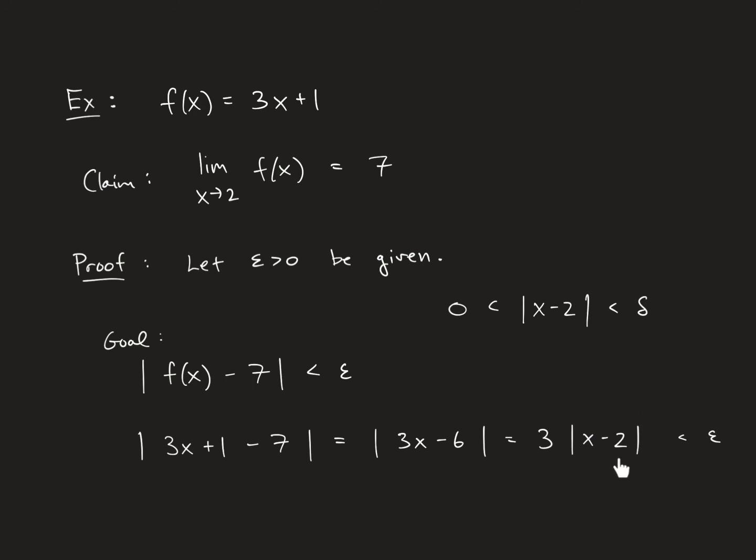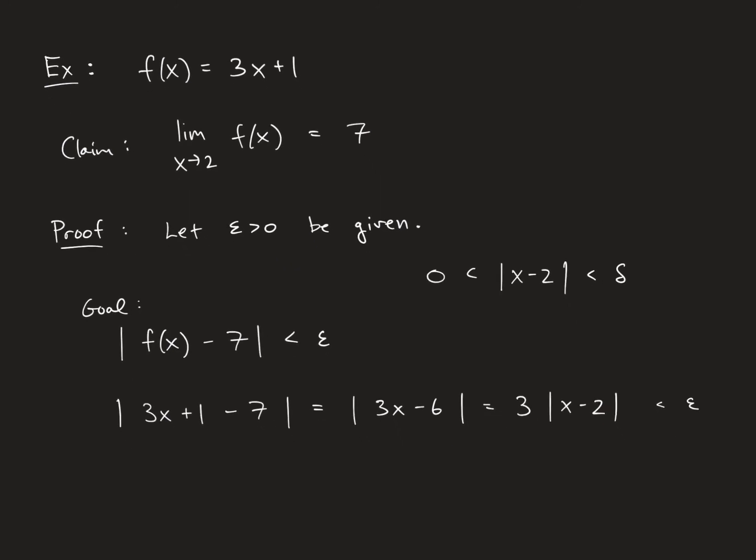So in order to make 3 times that less than epsilon, I just have to solve this inequality for the absolute value of x minus 2. This is equivalent to the absolute value of x minus 2 being less than epsilon over 3. So it seems that as long as I take my delta equal to epsilon over 3, I should be able to make this all work out.